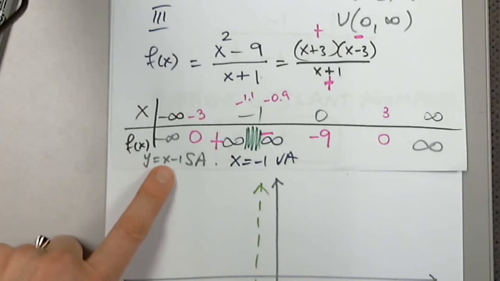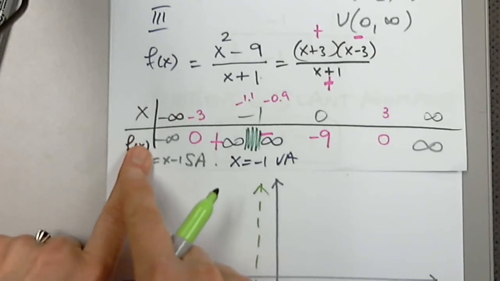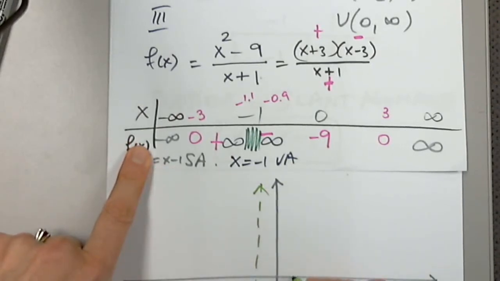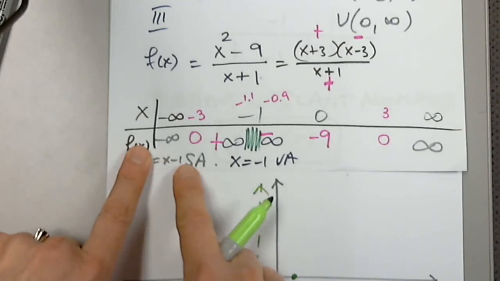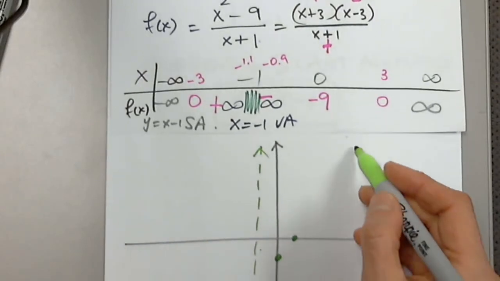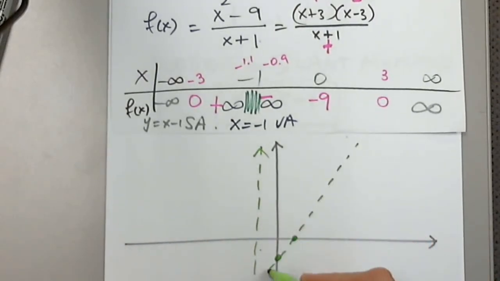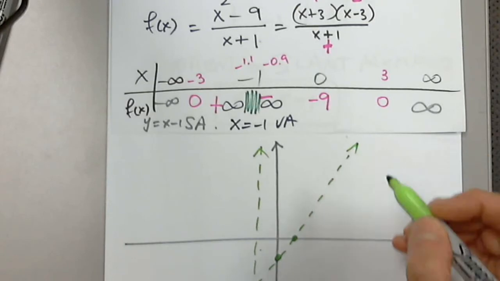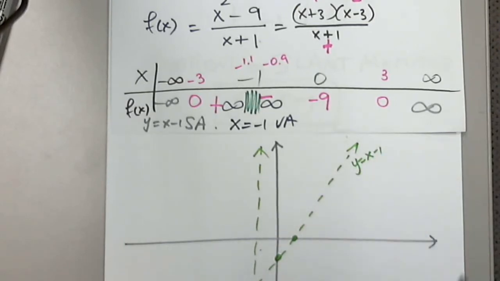Plus or minus 3. So when this is 0, 1 minus 1 will be 0. So here it is: y equals x minus 1.